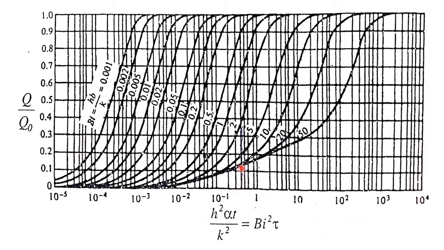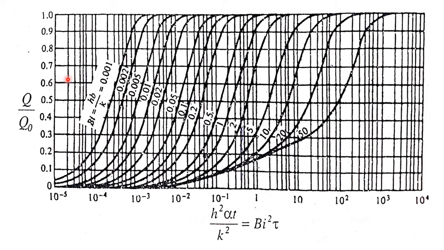From 0.4 I will move vertically upwards until it intersects the Biot number curve. This Biot number curve is intersecting somewhere here, that is Biot number curve 1, about 1.1. From the intersection point, I will move horizontally towards the left to read Q divided by Q maximum. It will be around 0.62.